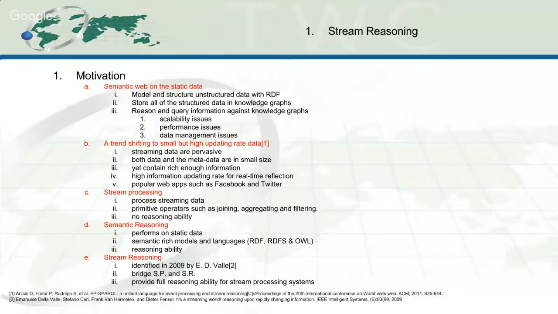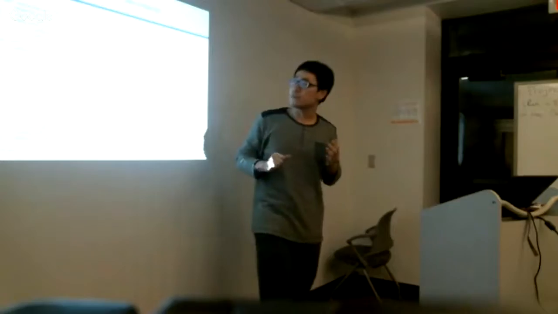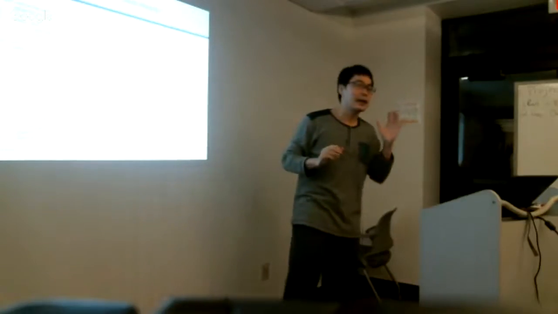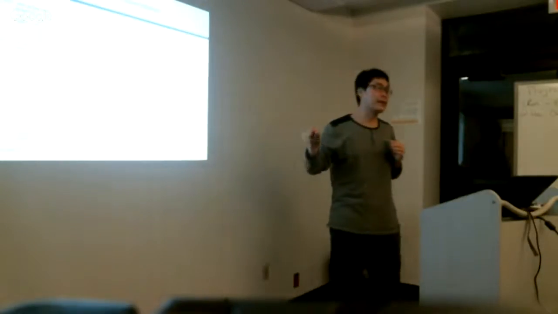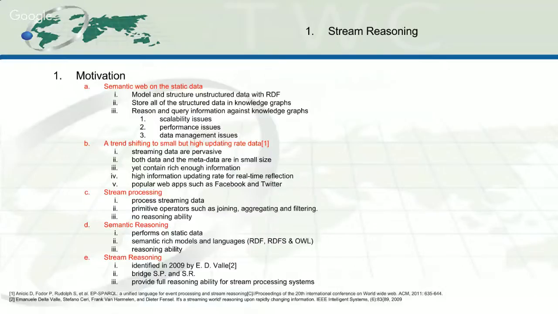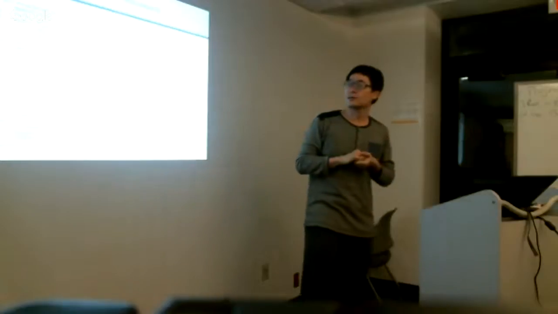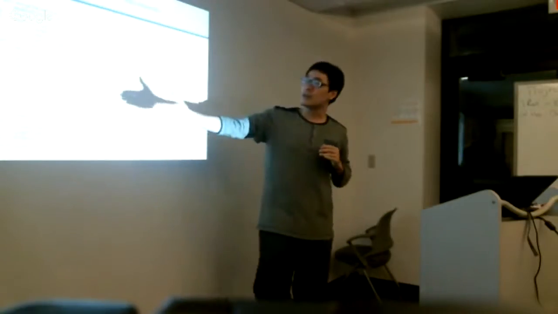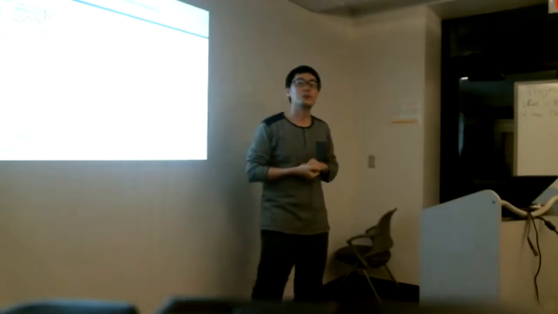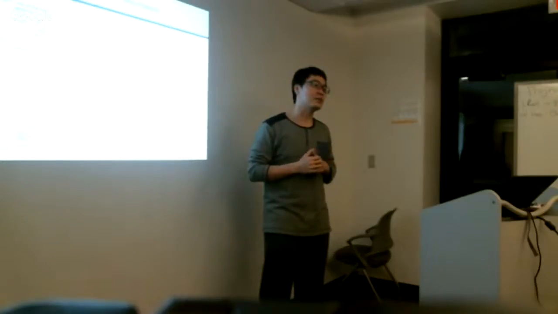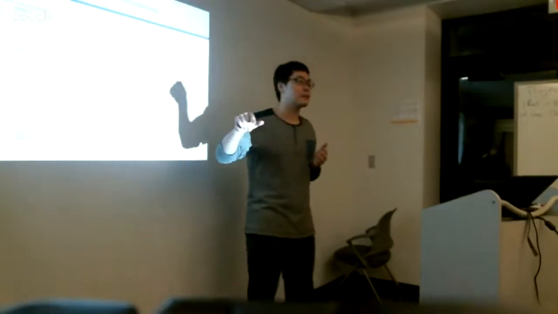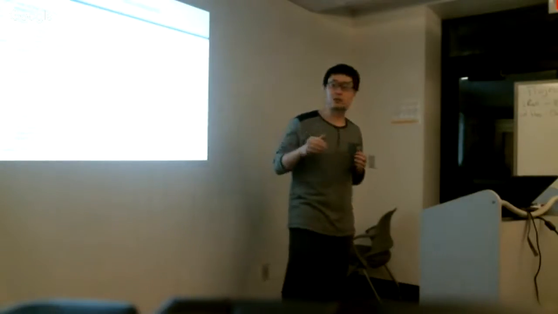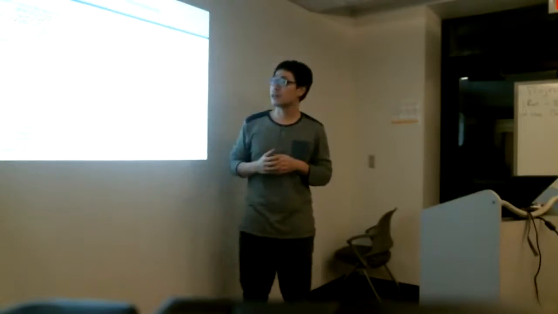But currently there is a trend, identified by this guy, that we are shifting from big and static data to small but highly updating, rich data. For example, Facebook and Twitter tweets are usually an example from the social media domain, but this kind of streaming data is everywhere. When you are switching TV channels, you are sending streaming data. When you click a mouse, you are sending click streams. These are all examples of streaming data.